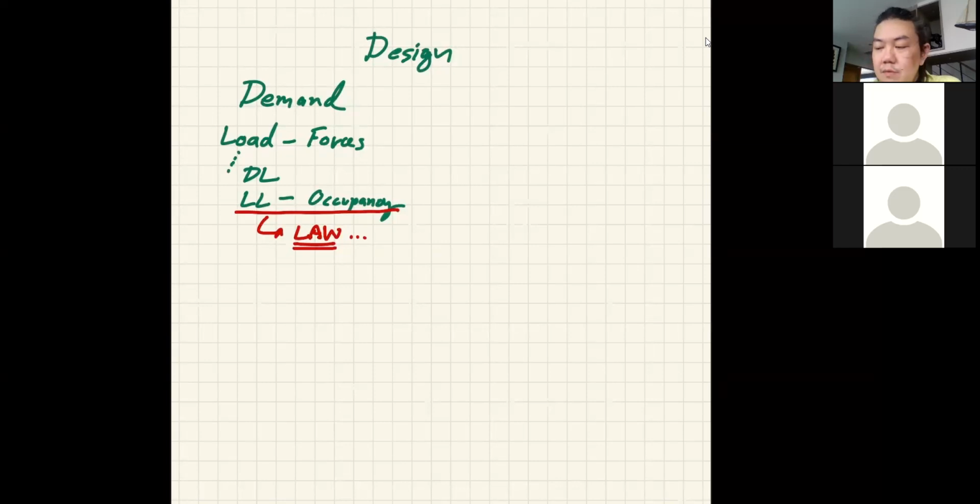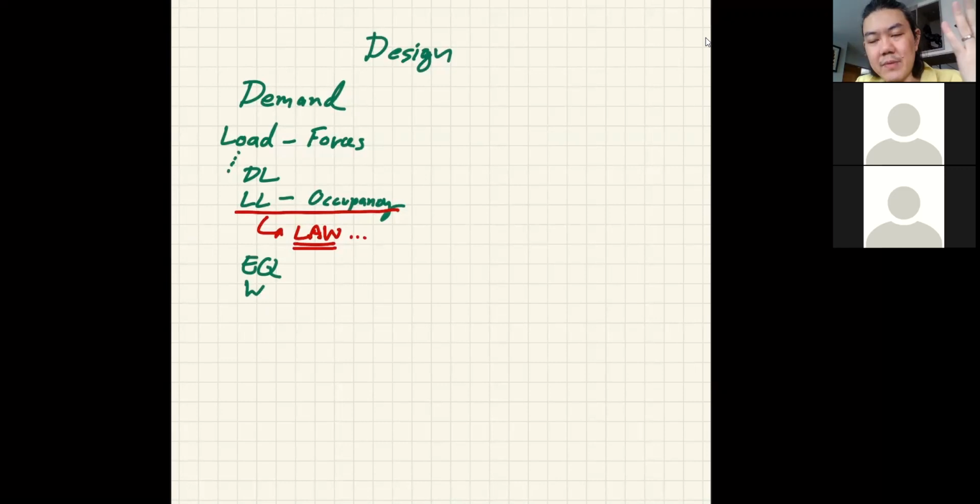Okay, so now there are a few more things coming off this. So yeah, there are more loads, and the law would say, okay, calculate the earthquake force by using this standard, the wind load by using this standard, and so on and so forth. And there's a law about the load combination and stuff as well. Okay, so when you know the load, you put the load on your structure, right? Your job is to provide the structure for the building.